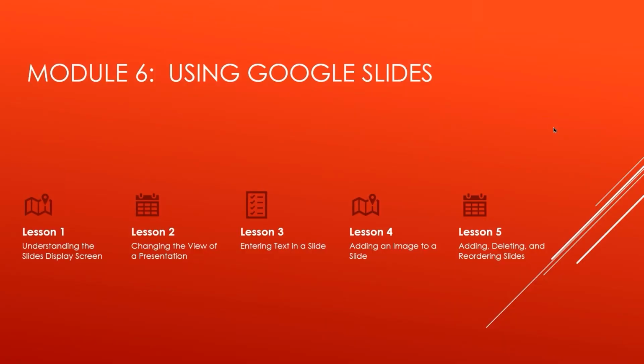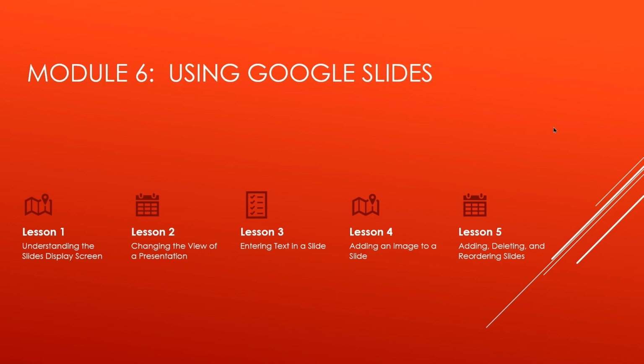So in this module, we created a presentation using Google Slides. We started by reviewing its display screen. We learned how to change the view of a presentation, and we did that after we entered text in some slides.